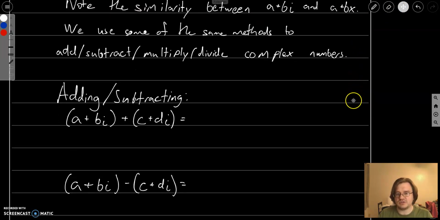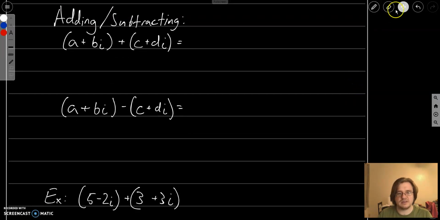Let's add and subtract some complex numbers. So we'll first do this very abstractly. We have a plus bi plus c plus di. If we treat these as polynomials, we have some like terms that have an i in them, and we have some like terms that don't have an i in them. So let's put these next to one another. We've got a and c are the like terms without an i, and the b and the d are going to be the like terms with an i.